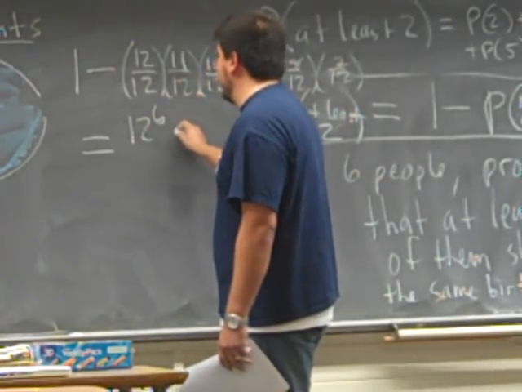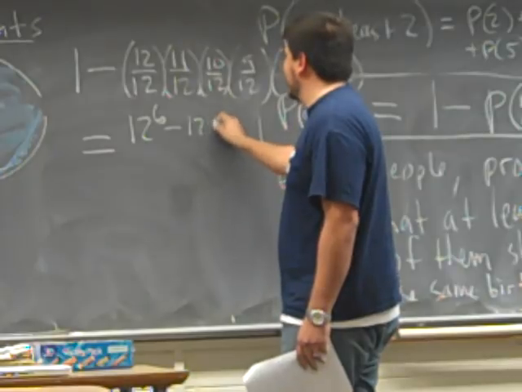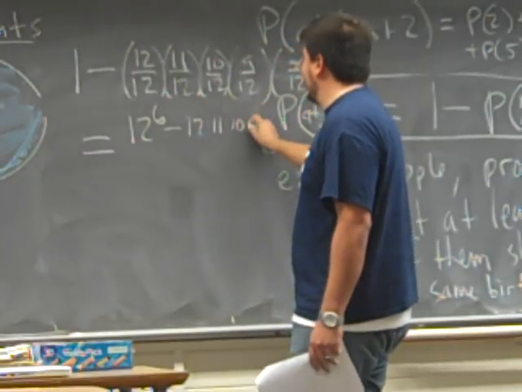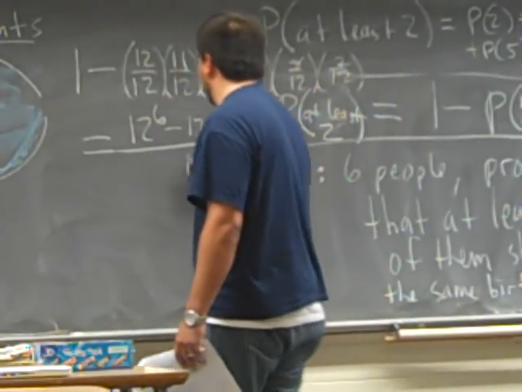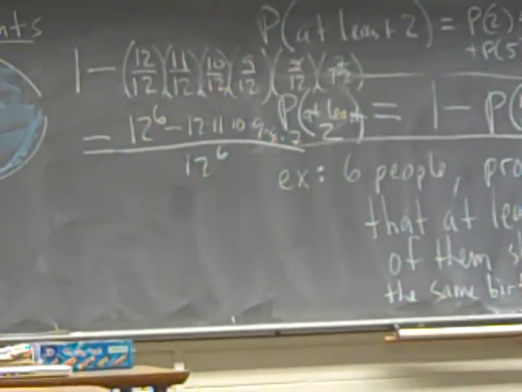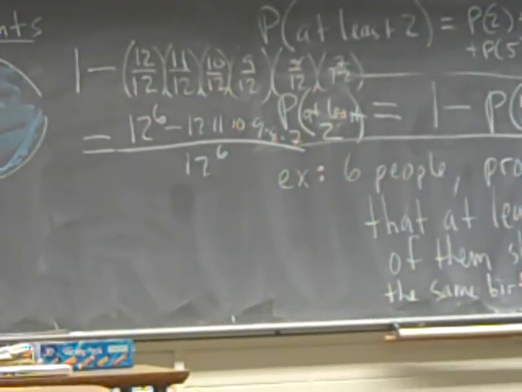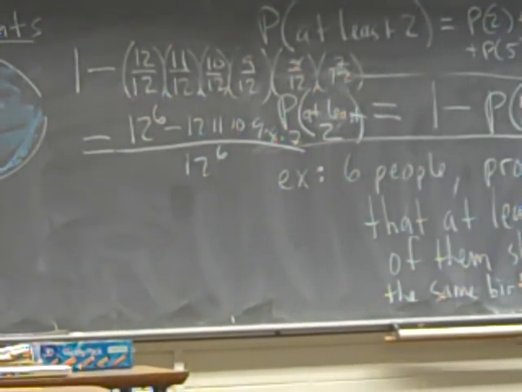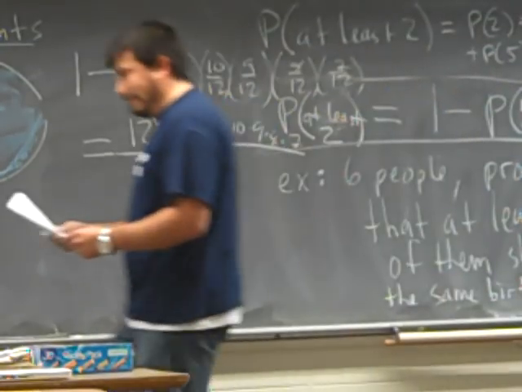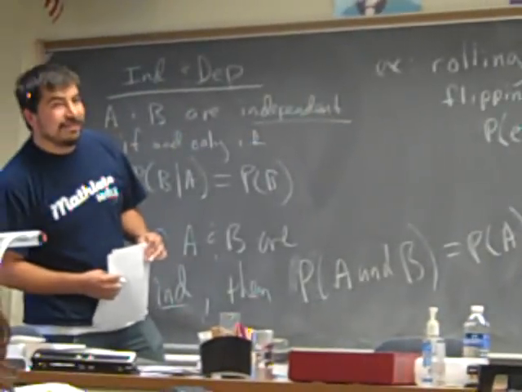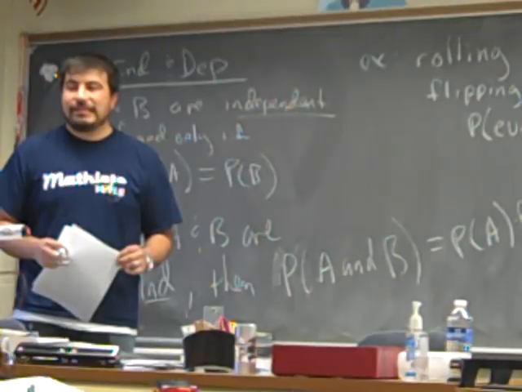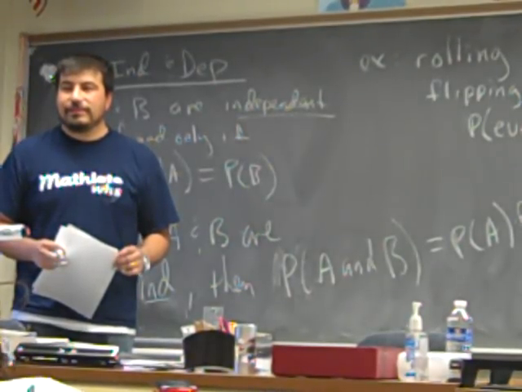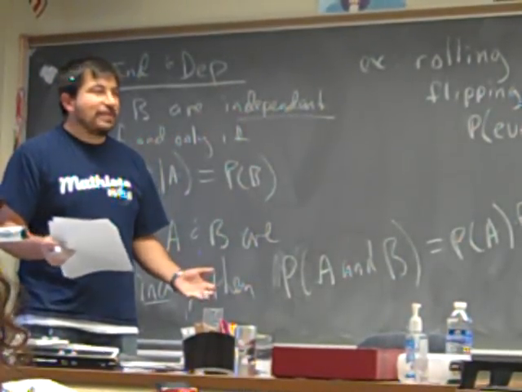Okay, I'll just do it my way. 12 to the 6th minus 12 times 11 times 10 times 9 times 8 times 7, all over 12 to the 6th, whatever that is. Okay, so you get an answer. Moving on. It's not that hard. Everybody's wondering, but no one's willing to do the calculation.